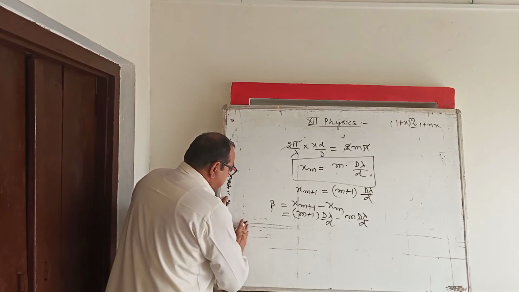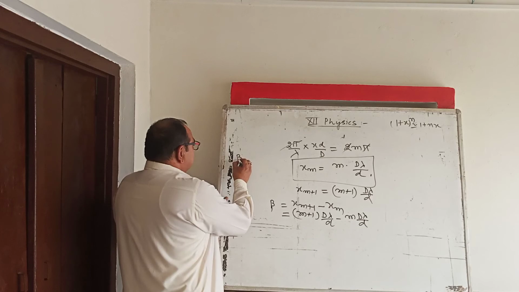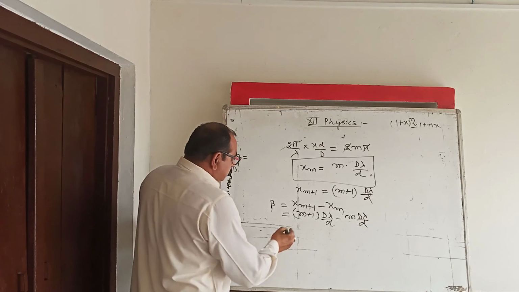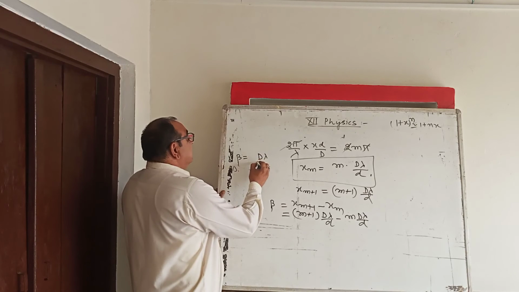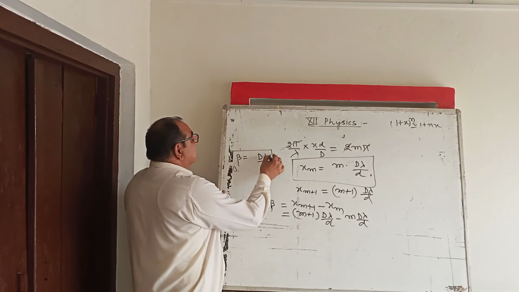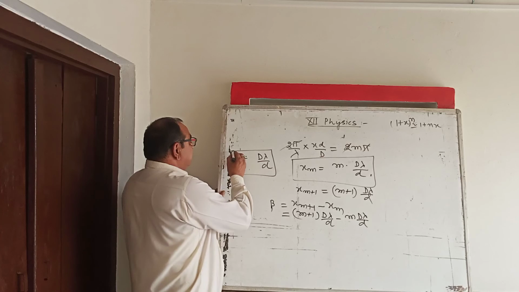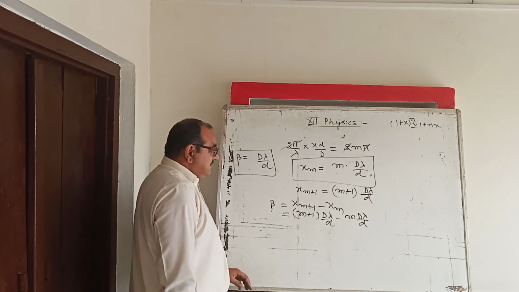You will get beta equal to, m d lambda is cancelled, only we get d lambda upon d. This is the formula for the fringe width for bright fringe.